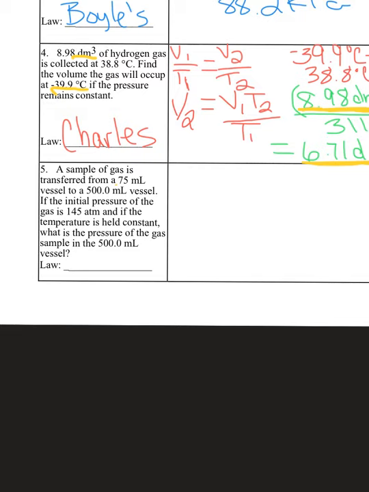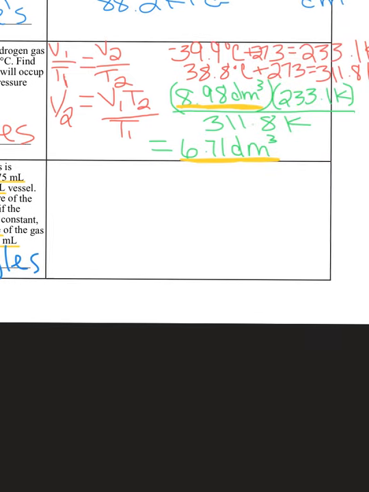Okay, it gives us two different volumes, and it gives us a pressure, and it's asking us what is the pressure of the gas in the 500 milliliter vessel. So pressure and volume. Milliliters are volume. Pressure and volume. What is the gas law? Pressure and volume, Boyle's. So we're dealing with Boyle's law.